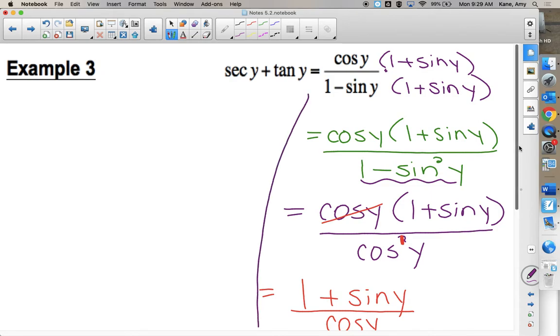You kind of know now. All right, so the secant you can change into 1 over cosine. The tangent is sine over cosine. Colin, you started this one. Is that how you started it? Yeah. And then you can add them together because they already have a common denominator.